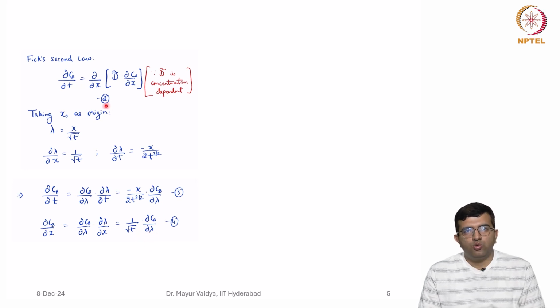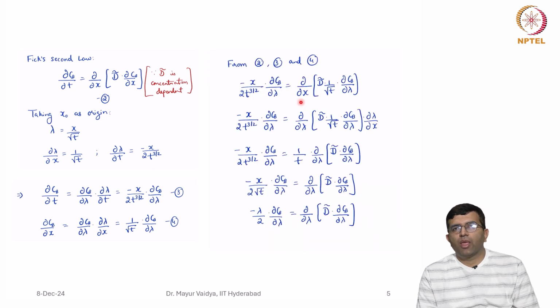Now from 2, 3 and 4, you put this value of ∂Cb/∂t here and ∂Cb/∂x here. So what you get is minus x by 2 t to the power 3 by 2 ∂Cb/∂λ is equal to ∂/∂x of D tilde into 1 by root t into ∂Cb/∂λ.